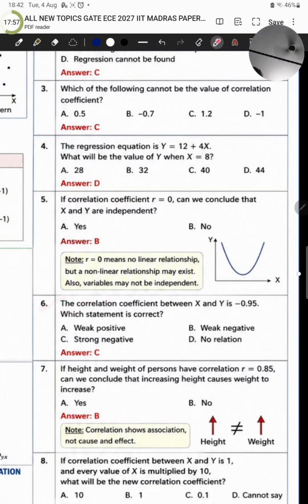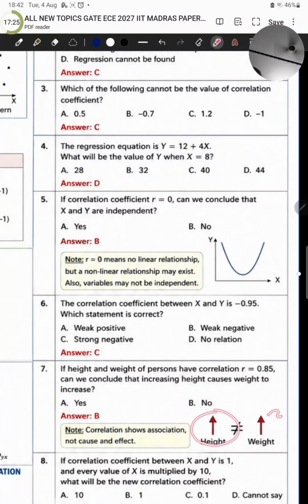Question number 6. The correlation coefficient between x and y is given. Which statement is correct? This is a strong negative correlation, because it is very near to -1. Now question number 7. If the height and weight of persons have correlation r equal to 0.85, can we conclude that increasing height causes weight to increase?